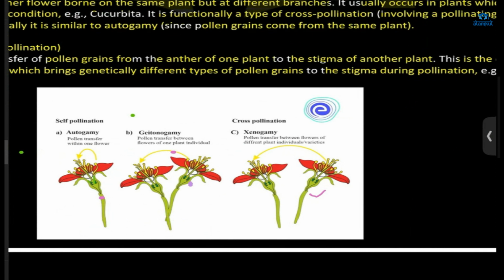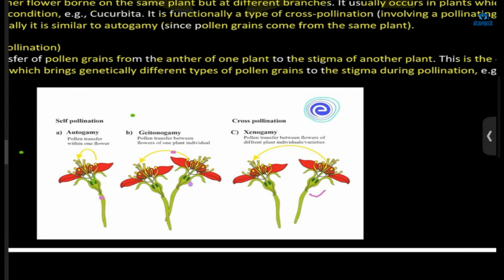Now in self pollination, we have autogamy. Auto means self, gamy means marriage. Self marriage. In that, the pollen of a flower will go to the stigma of the same flower. That is autogamy, self pollination.